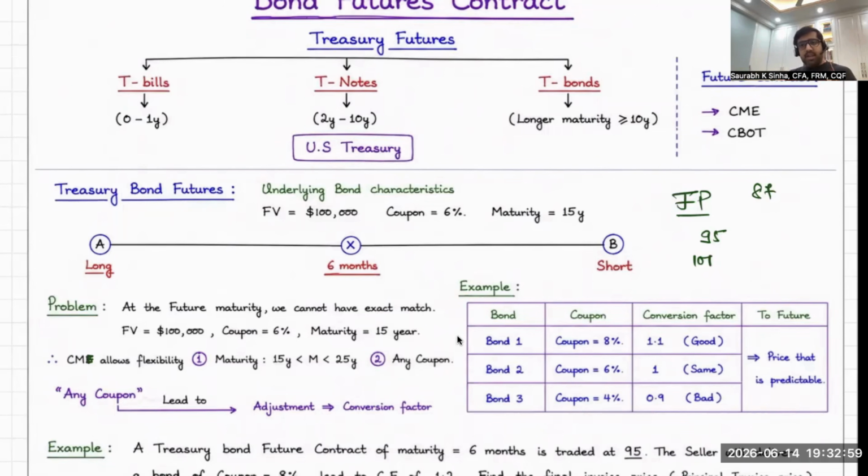This is the way they quote the price. Most markets have a specific way of quoting the price. So CME and CBOT quote the price in percentage of the face value. That's it. It's nothing fancy. And we know that the future prices are predetermined. You cannot change them once fixed.